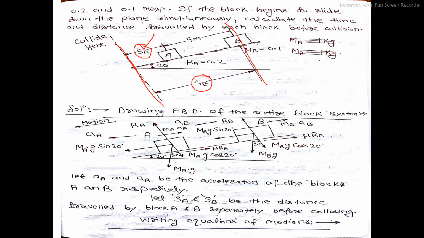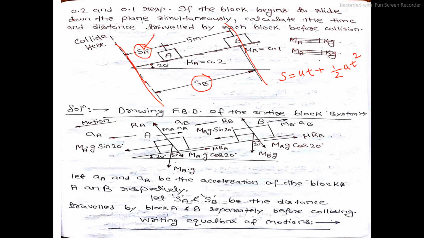The second equation of motion is S is equal to UT plus half AT square, in which S is the distance travelled by the body, U is the initial velocity of the body, T is the time taken by the body to complete distance S, and small a is the acceleration of that body.